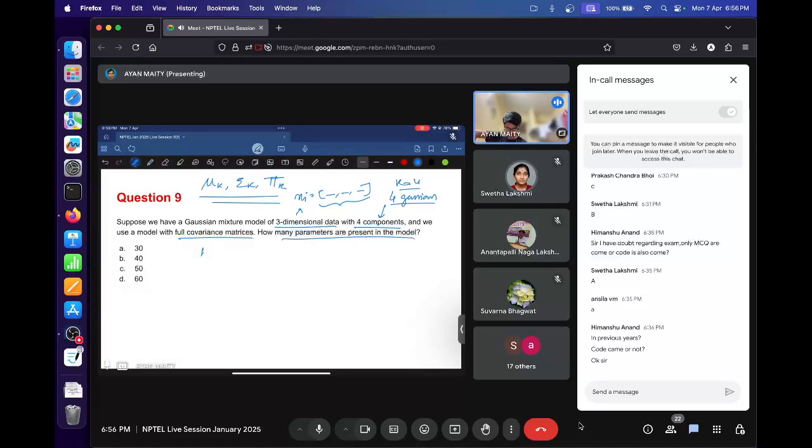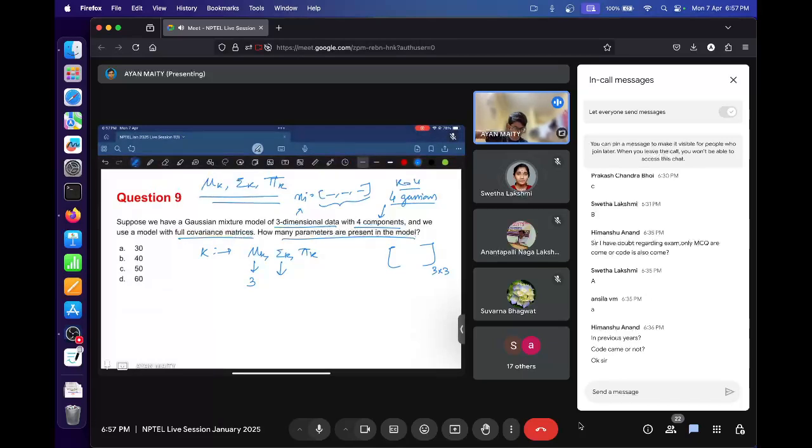So for one cluster, let's say K, we have three different types of parameters: mu k, sigma k, pi k. Mu k is the mean of the data points belonging to that cluster. So if each data point is three-dimensional, mu k would also be three-dimensional. So there will be three parameters coming from mu k. The sigma k is the covariance matrix for the cluster K. So the covariance matrix would be 3 cross 3, but the covariance matrix is symmetrical in nature.